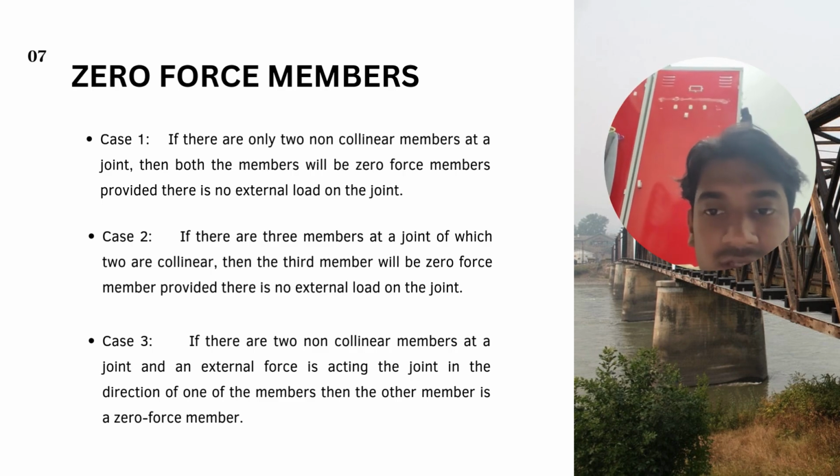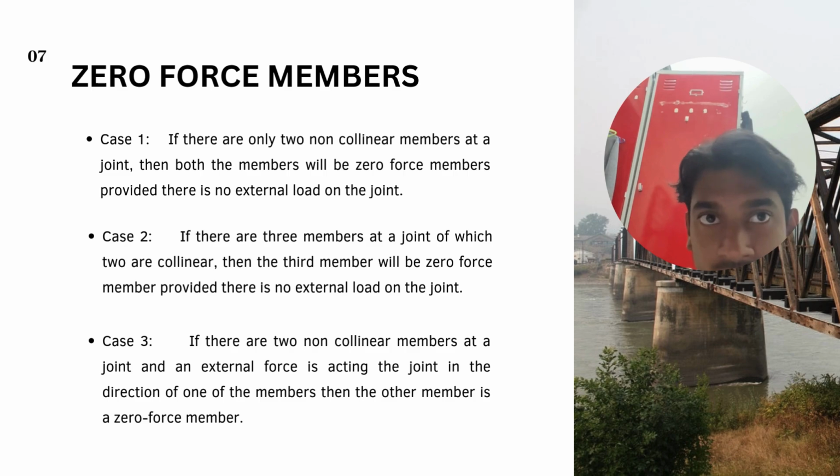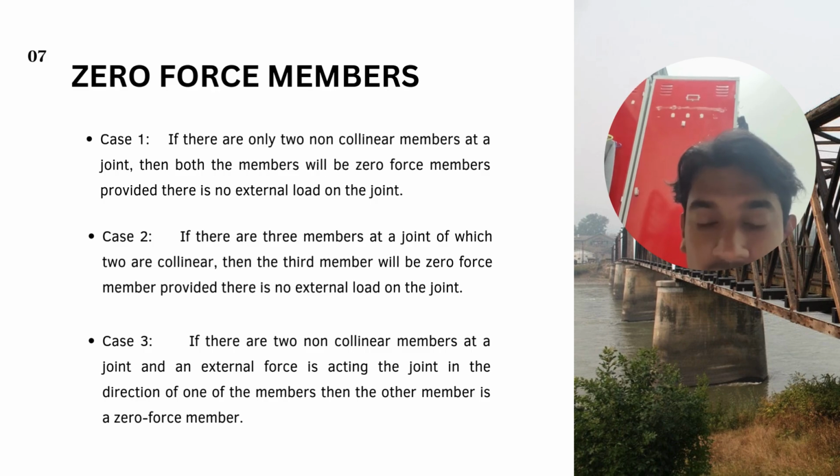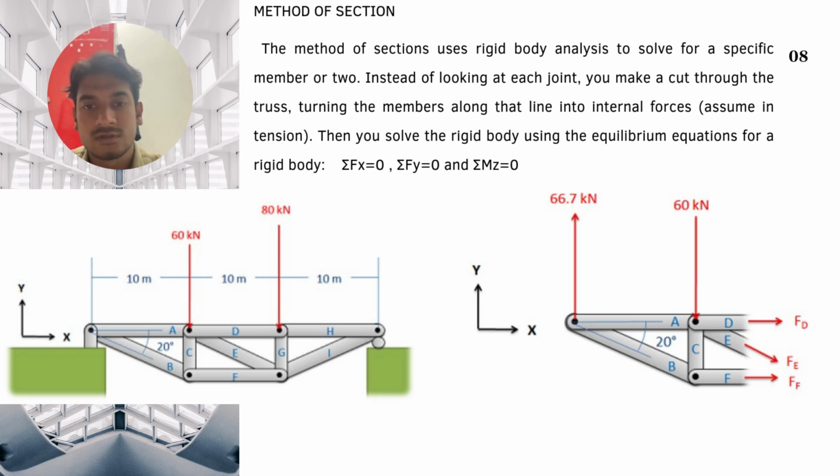So for case 3, if at a joint there are non-collinear members and no external force is acting in the direction of one member, then the other will become a zero force member.